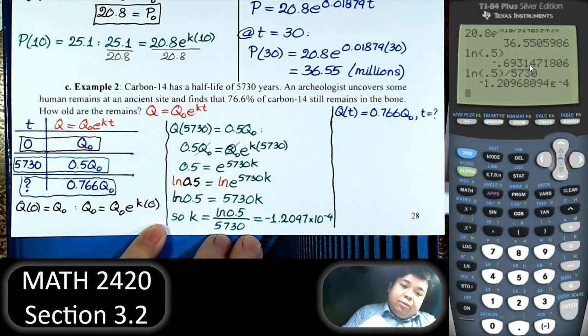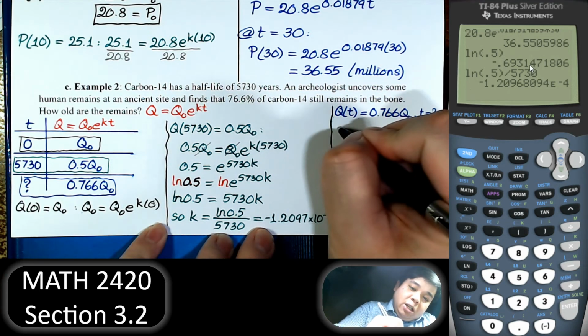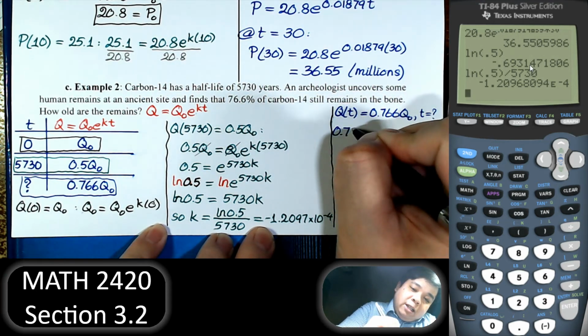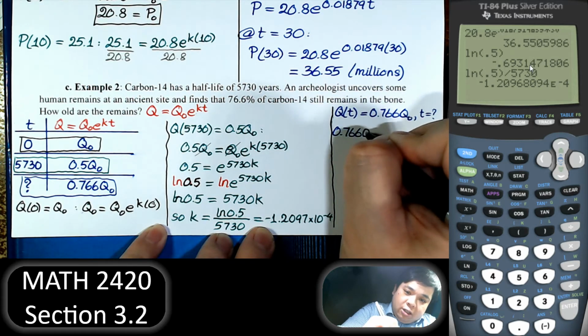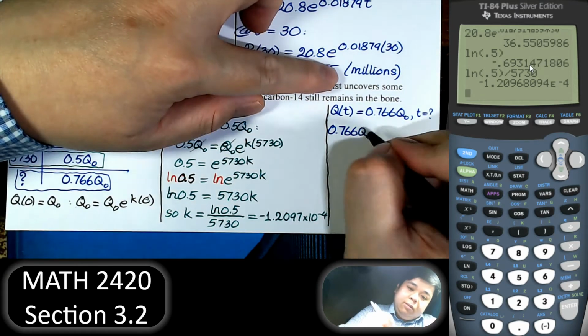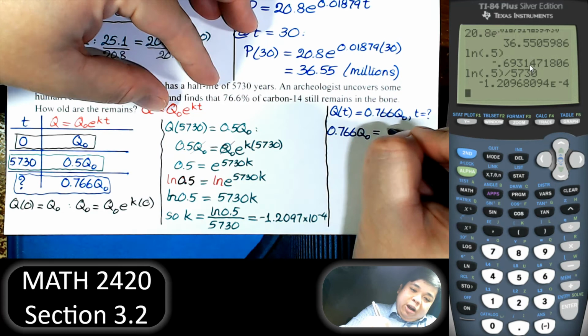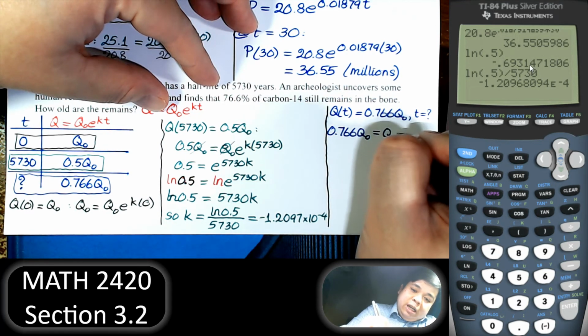On the left-hand side we have 0.766 Q naught, equal to, on the right-hand side, Q naught e to the kt.